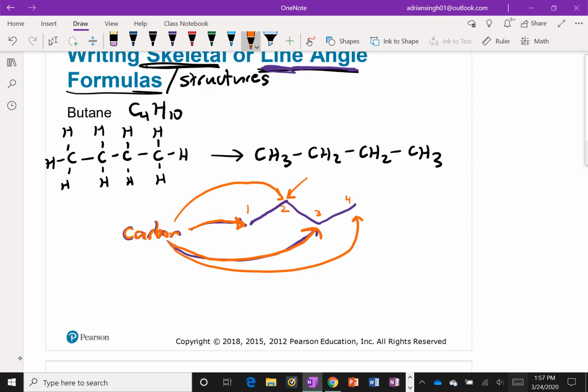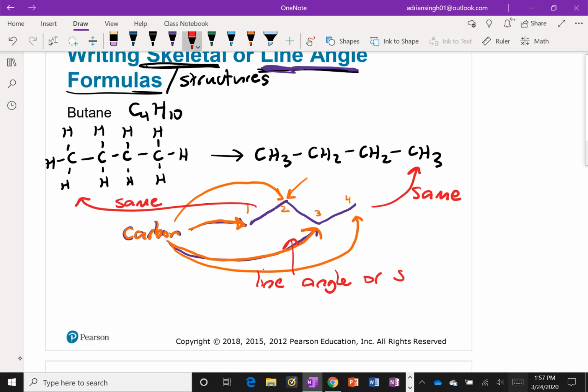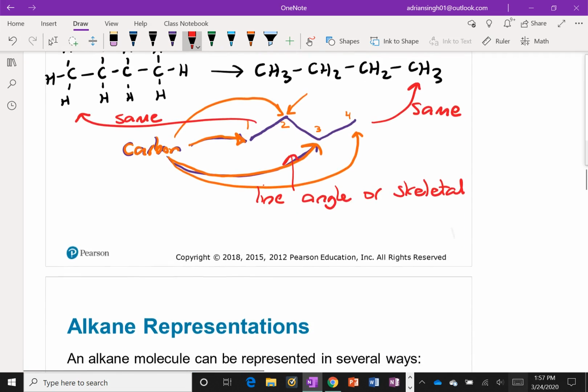And that'll be my carbon number 4. This structure that I just drew is the exact same thing as the condensed structural formula, and the exact same thing as the expanded structural formula. And this here is called a line angle or skeletal structure.